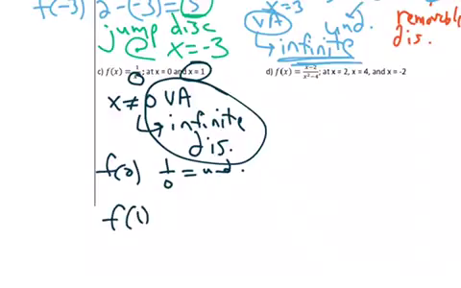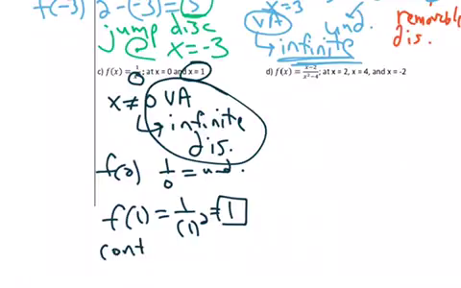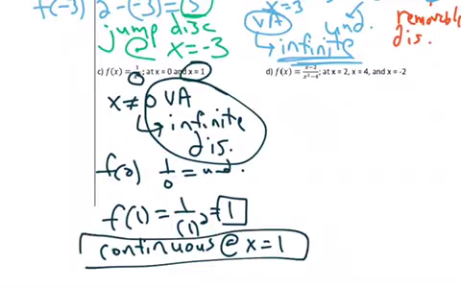So we're going to do f of 1, which is 1 over 1 squared, or 1. Since it's a real number output, it is continuous. The function is continuous at the point x equals 1. So it's discontinuous at x equals 0, that is an infinite discontinuity, and at x equals 1, it is continuous.